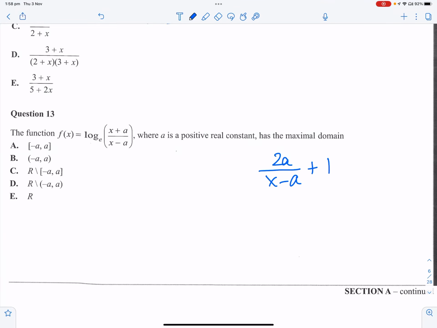Now, if we want that to be greater than 0, we know we've got a horizontal asymptote at 1 and a vertical asymptote at, if a is positive, at a.